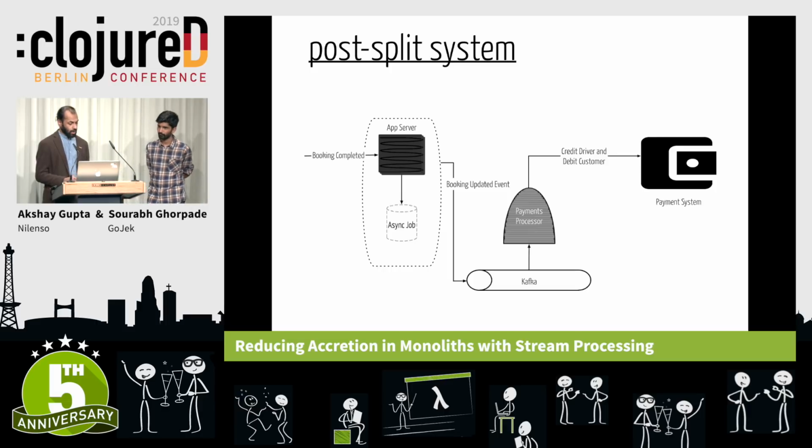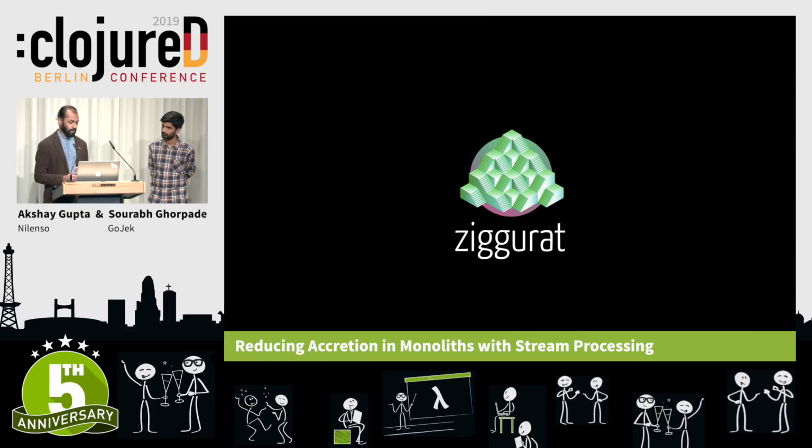itself. However, this time around, the payments processor, the service that we're talking about, we didn't handwrite from scratch. We actually built a small library or maybe a framework, I don't know which one, around this boilerplate work of stream processing.